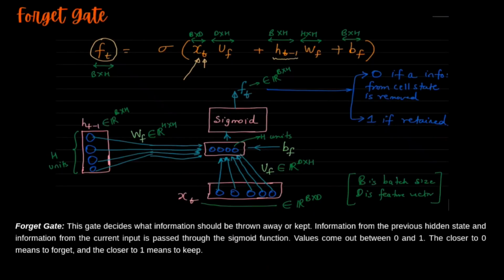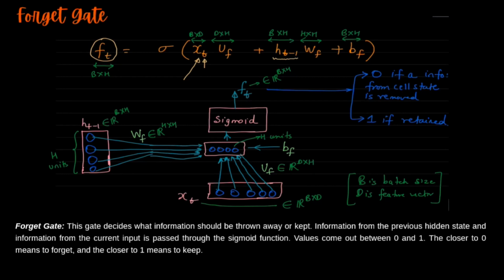And let's begin with the first gate, which is called the forget gate. This gate decides what information should be thrown away or kept. Information from the previous hidden state and information from the current input is passed through the sigmoid function. Values come out between 0 and 1.